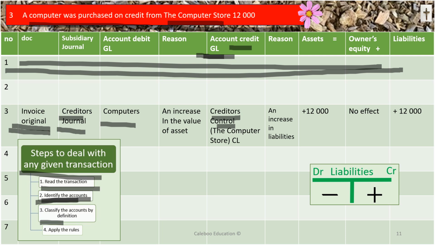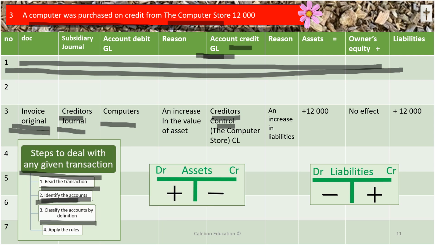We need to classify these accounts. Computers, by definition, is an asset. It has value, right? There's an increase in the value of our computers on hand.